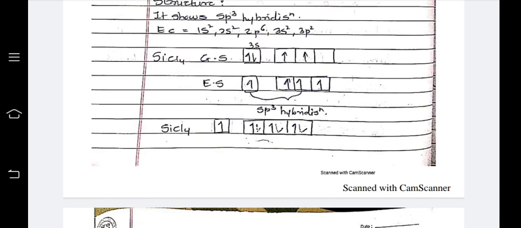So to make more unpaired electrons, we excite this molecule, and in the excited state the electronic configuration of silicon has 1 unpaired s electron and 3 unpaired p electrons.